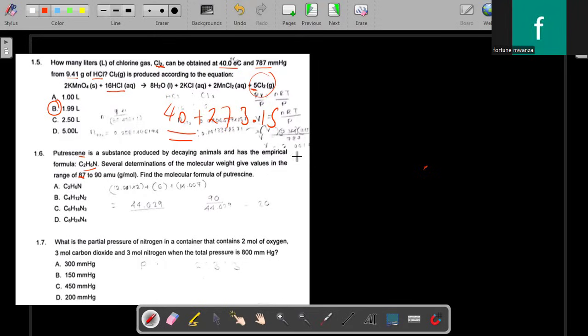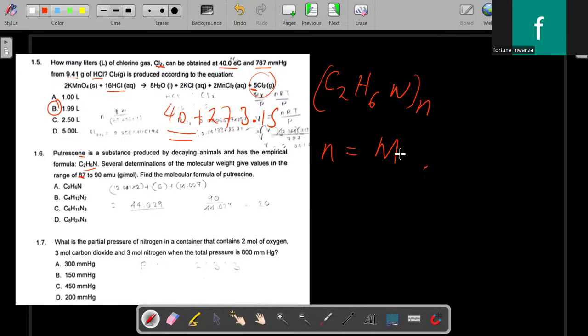The first thing you do, you know that you've been given the empirical formula, which is C2H6N. For you to come up with the molecular formula, you need to multiply this by n.